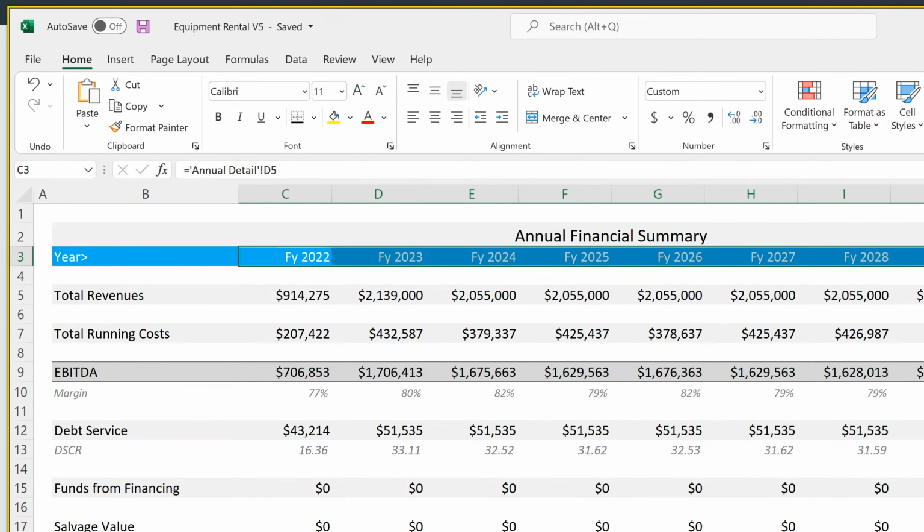D7 to D10. Oh, okay, so this was moved. So this needs to be 12 to 15, and then you get rid of the reference to the tab name.